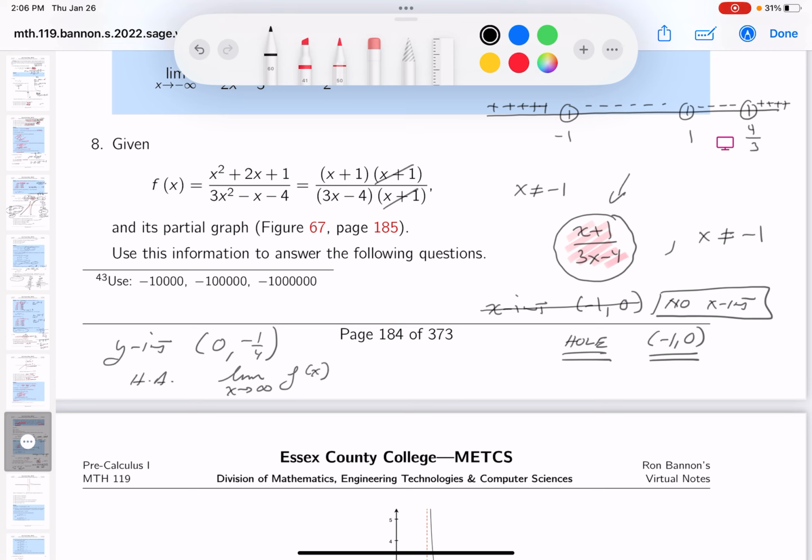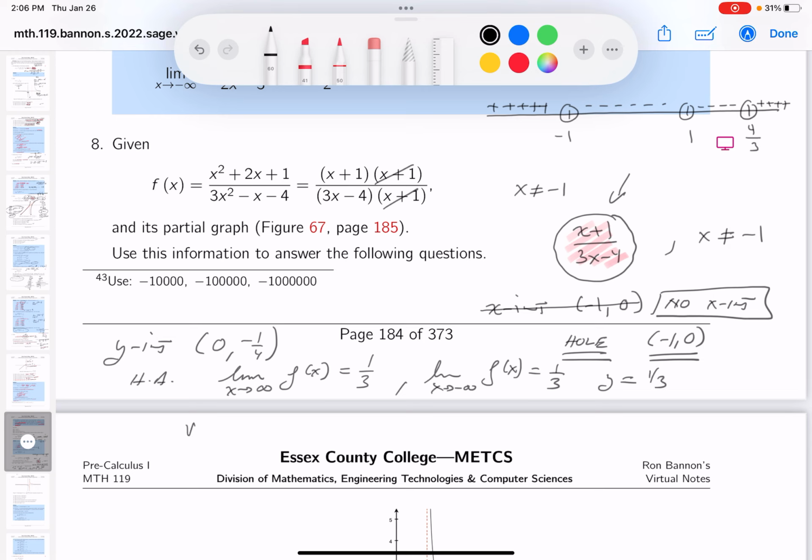I'm actually looking at this guy over here. What do we get there? Let's see, I would divide through by x, right? Just 1/3. And if I did limit as x goes to minus infinity of f of x, I still get 1/3. So my horizontal asymptote is going to be y equals 1/3.